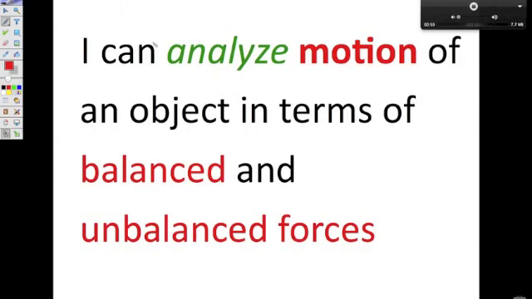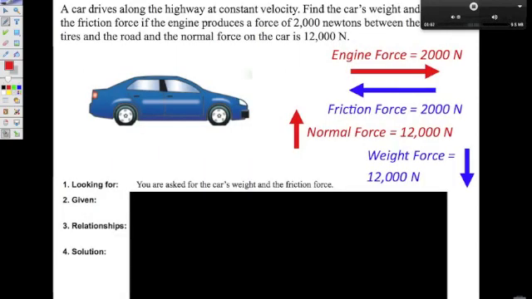Our third success criteria, or the proficient success criteria, is I can analyze motion of an object in terms of balanced and unbalanced forces. So let's do an example here. A car is driving along the highway at a constant velocity. That is probably key there, constant velocity.